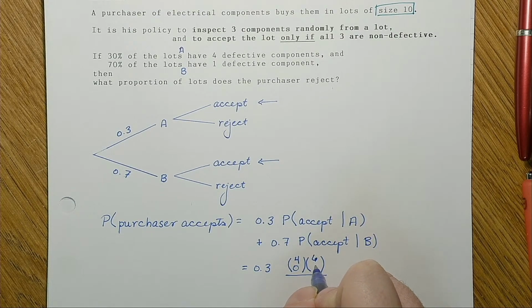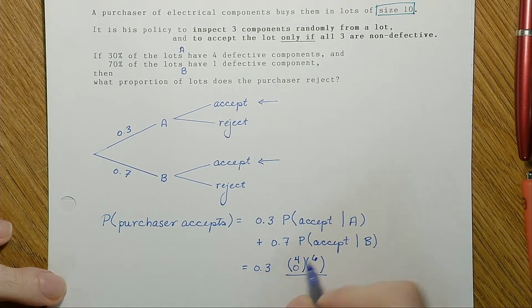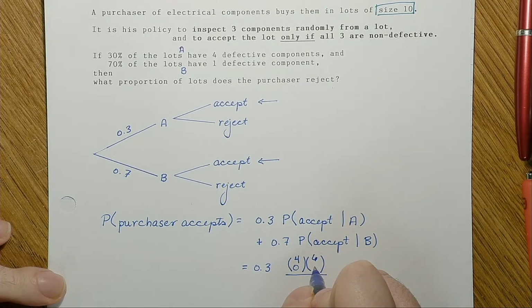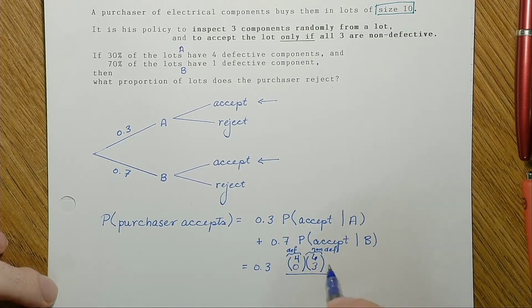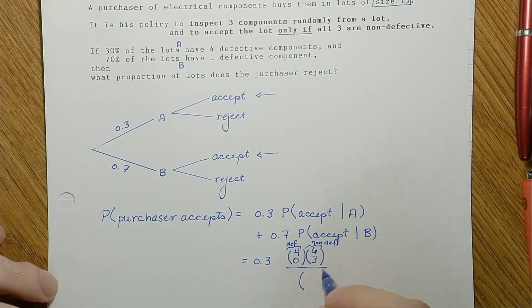And same thing over here. So there's 4 choose 0. And here would be that they select the 3, and this is the defective. And over here, this is the non-defective. So they're choosing none of the defective, and over here, they're choosing all of the non-defective. And all the possibilities in the denominator. So we have 10 components, and they're selecting 3.